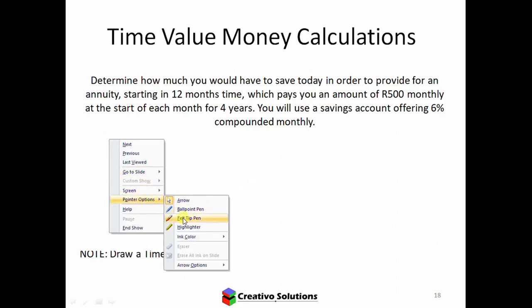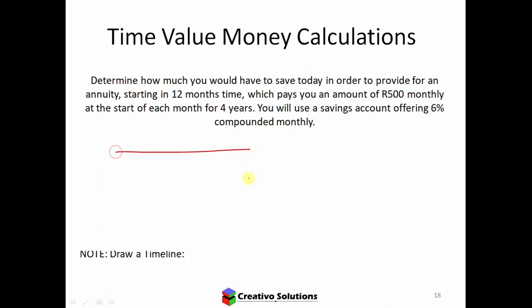So if you have a question like this, you need to draw some sort of timeline. I would draw a timeline to show the one amount being invested and then the next amount being invested at a different rate. Okay, so determine how much you would have to save today, so T0, in order to provide for an annuity starting in 12 months' time, which pays you an amount of 500 Rand monthly.